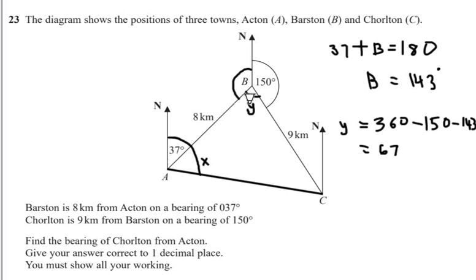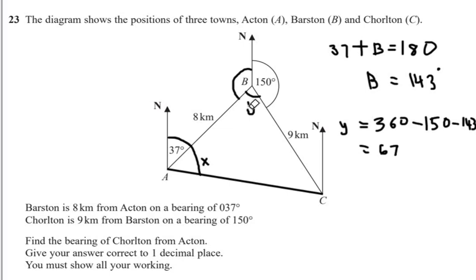So now you have an angle of this triangle, and you also have two of the sides. So this is a case of cosine rule.